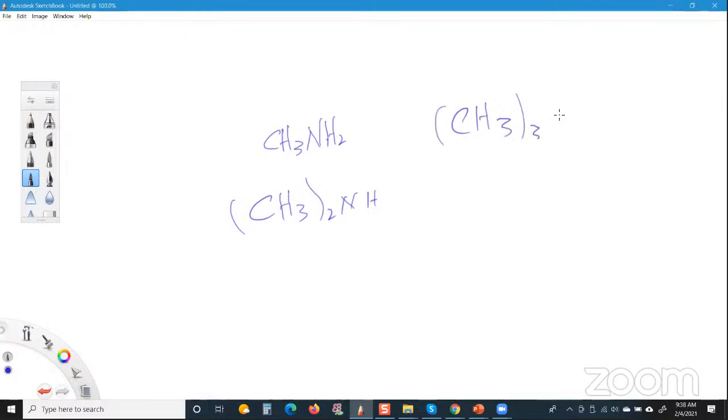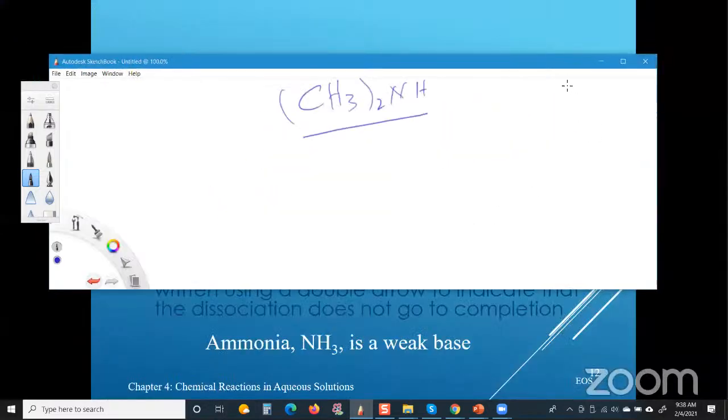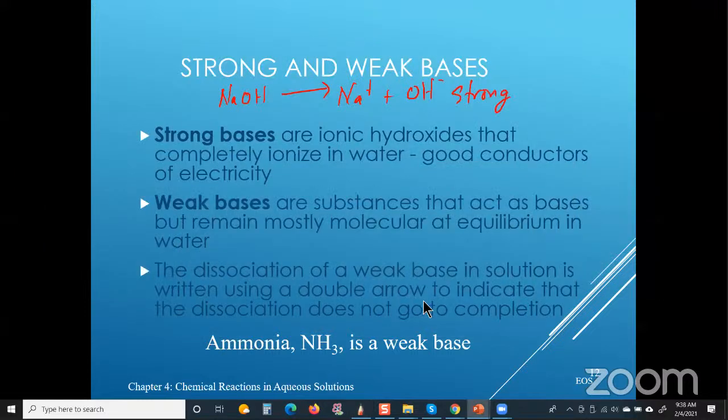These are just 3 examples. These are all organic bases, and they basically behave the same way as ammonia in that when they are added to water, they produce a solution which has a relatively low concentration of hydroxide ions. Okay, so that's as far as that is concerned.